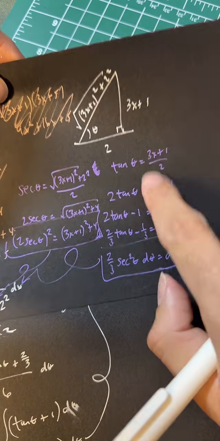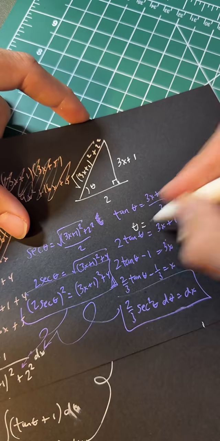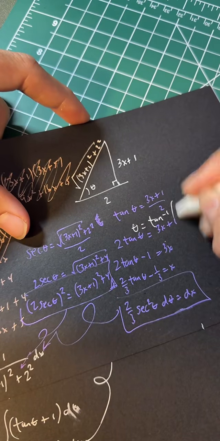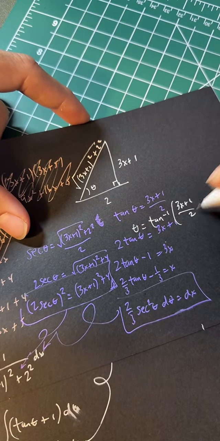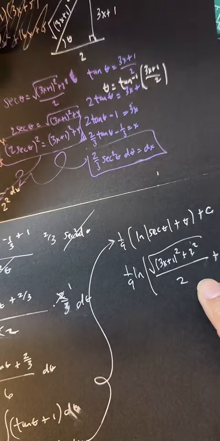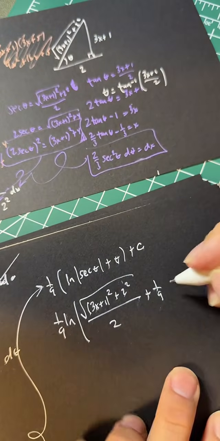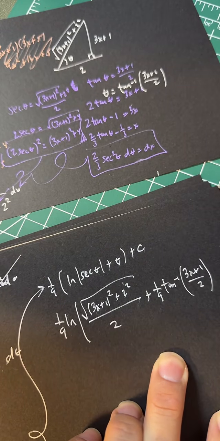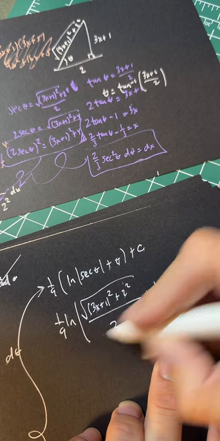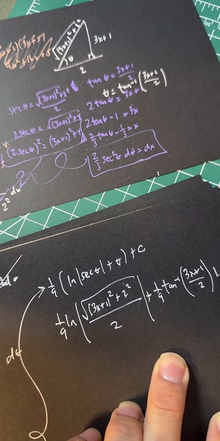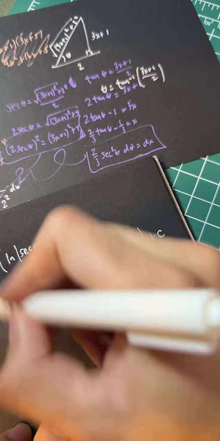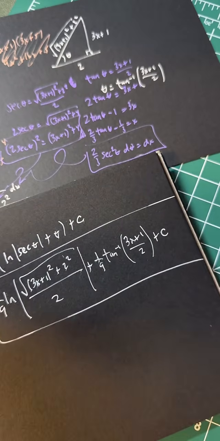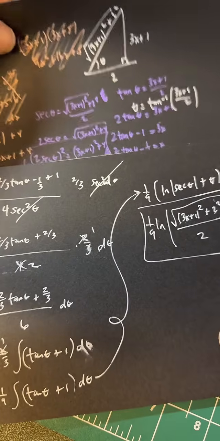Since tan theta is equal to this, theta is equal to tan inverse of (3x plus 1) over 2. And that's exactly what we're going to plug in here. So plus 1/9 tan inverse of (3x plus 1) over 2. Wait, the absolute value closes here. Don't forget your plus C. And we are officially done, guys. I told y'all, this one was so annoying.